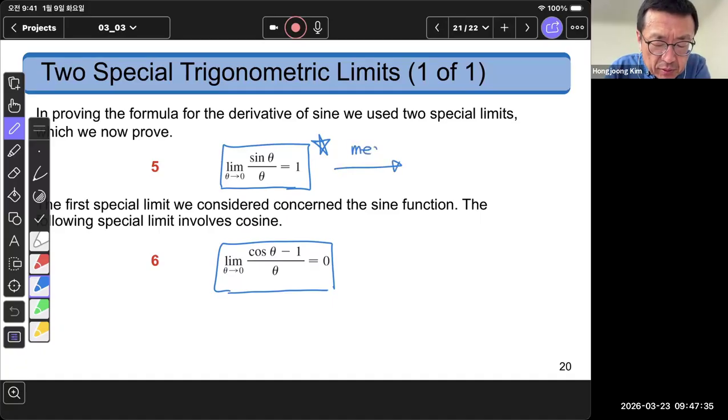That means when theta is small enough, sine theta and theta will be very close in value. Or in other words, as theta decreases to 0, sine theta decreases to 0 at the same speed.